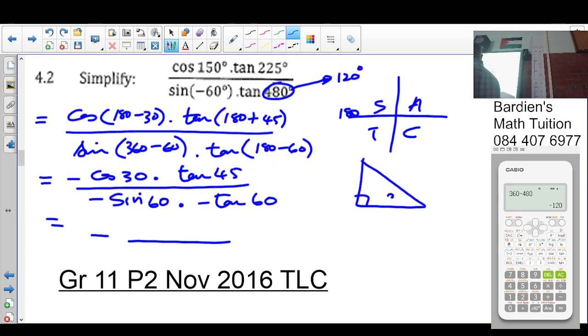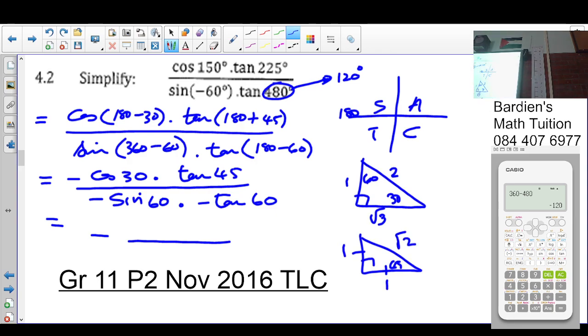So it's a special angle, so I go 30, 1, 2, root 3, 60 there. The 45 degrees is 1, 1, root 2. So cos of 30 is adjacent, which is root 3 over 2. Tan of 45 is 1 over 1. Sine of 60 is opposite over hypotenuse, so it's root 3 over 2.